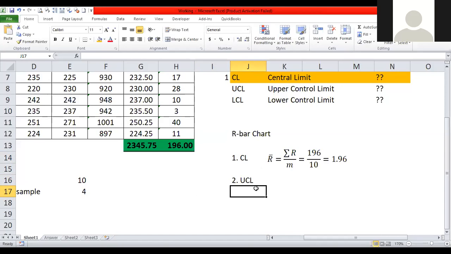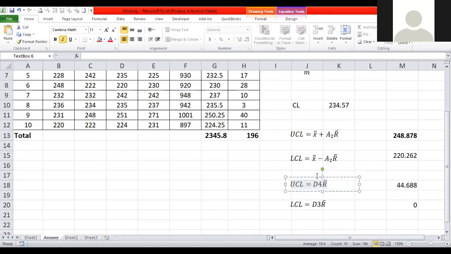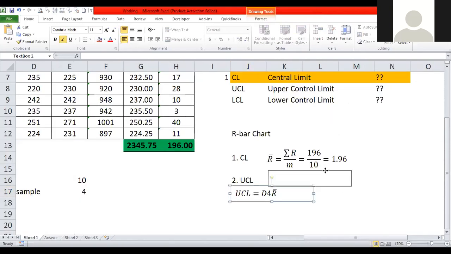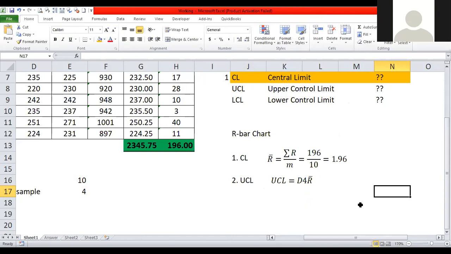So the upper control limit for R bar chart, you can calculate using this formula. This is the formula to calculate the upper control limit. So can you tell me the answer?